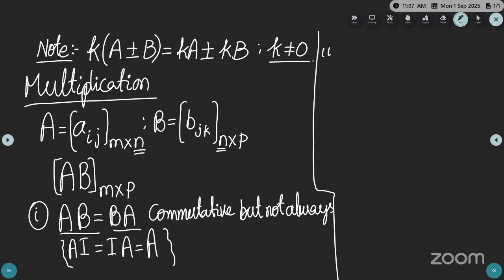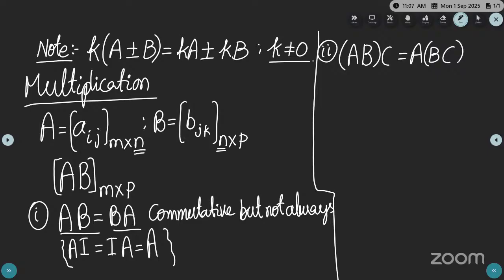Next. Amma, (AB) into C equals A into (BC). Does it satisfy or not?